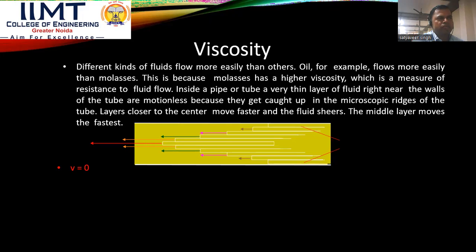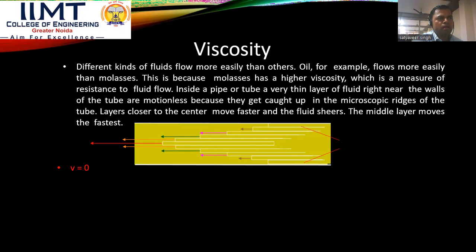Different kinds of fluids flow more easily than others. Oil, for example, flows more easily than molasses. This is because molasses has a higher viscosity, which is a measure of resistance to flow.